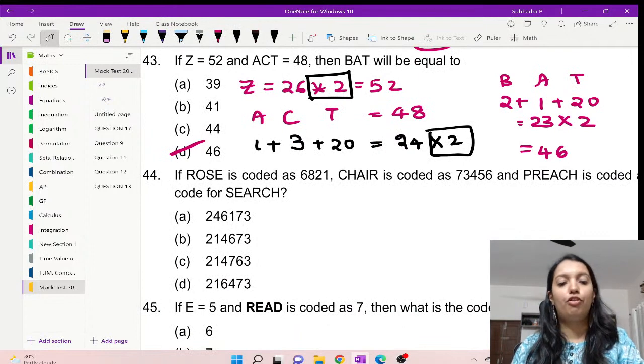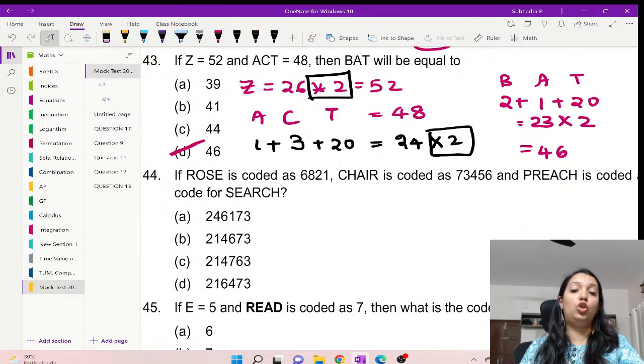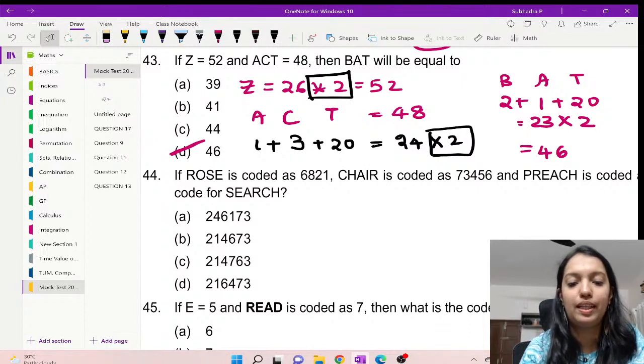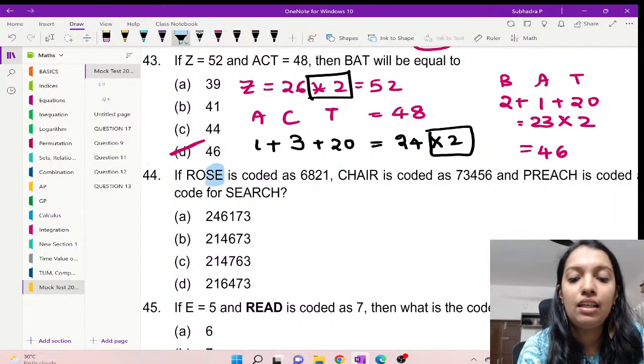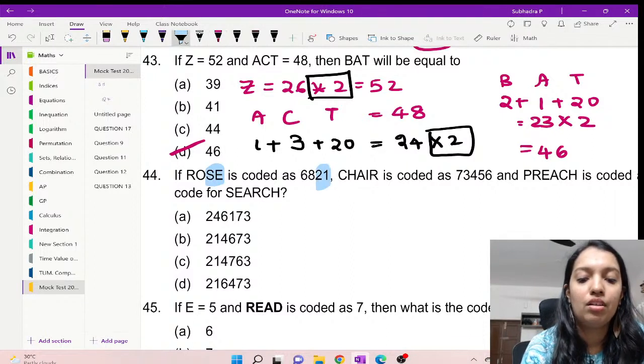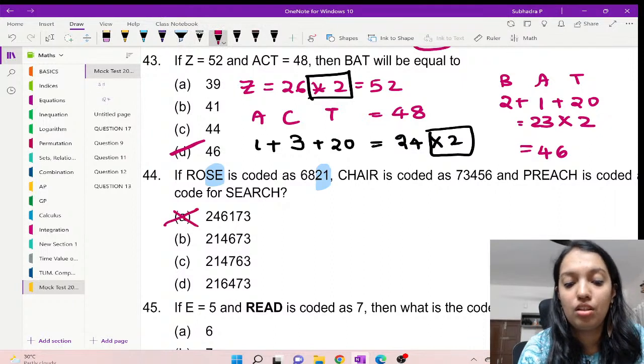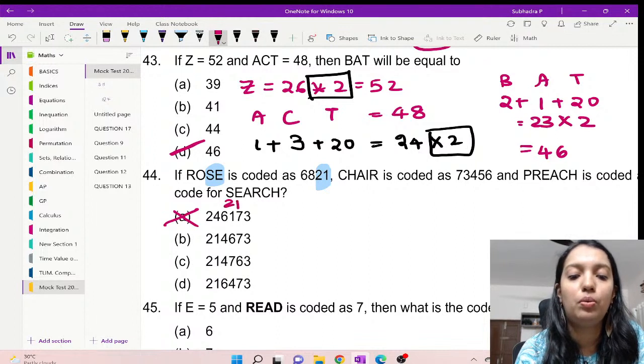Next, 44th question. If Rose is coded as 6821, chair is coded as 7346, preach is coded as what? This is quite simple. Wherever there is S and E, you have 2, 1. So I know that option A is gone because SE has to be 2, 1.